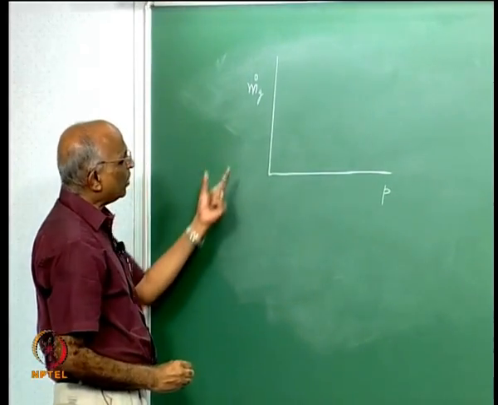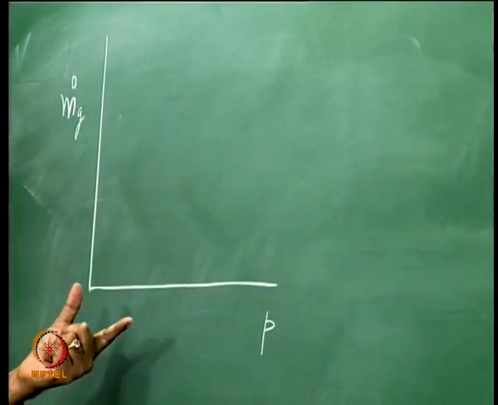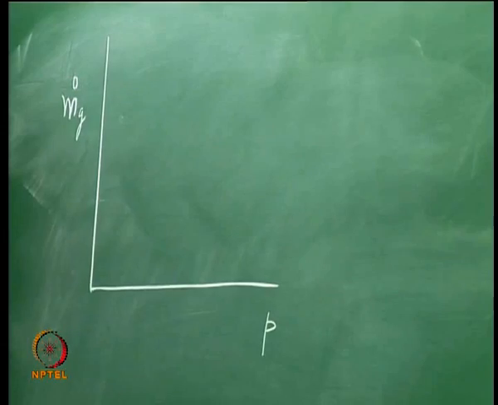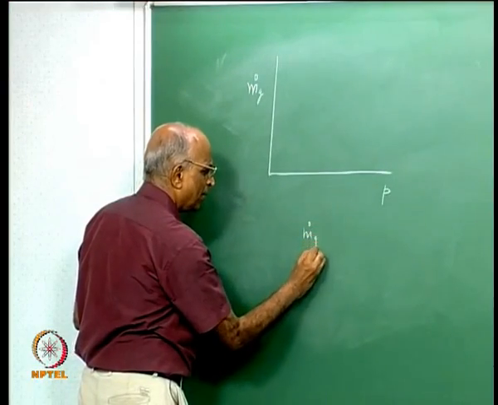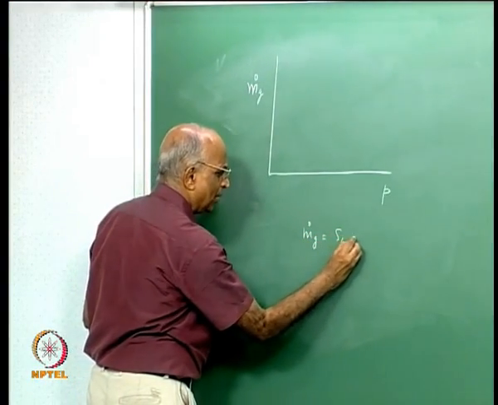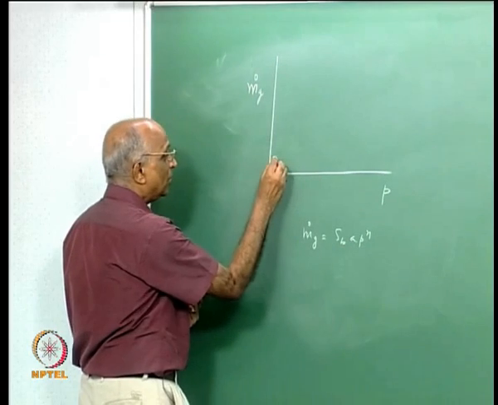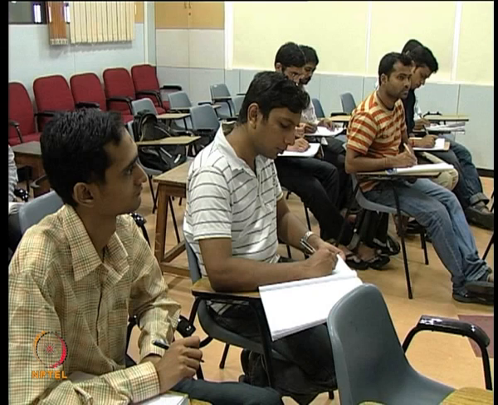We said m dot g is equal to a P^n into S_b and all that. That means the mass generation rate is equal to S_b into a P to the power n, therefore it will go like this. Here I must multiply by the density of the propellant, rho P.